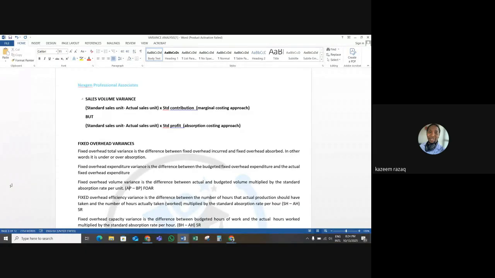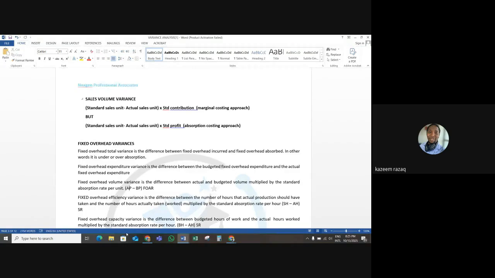Efficiency and capacity variance. That one is the advanced part of it. So for efficiency variance, it's the difference between the number of hours that actual production should have taken, by standard, and the number of hours you have actually spent.